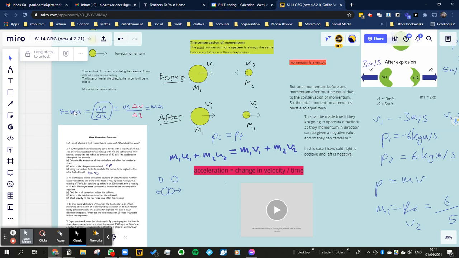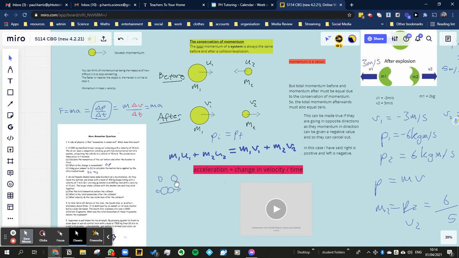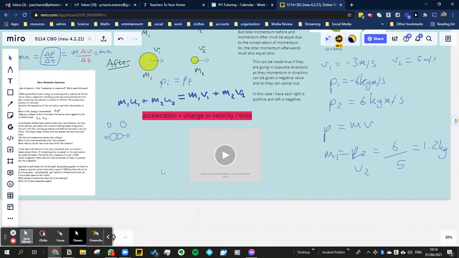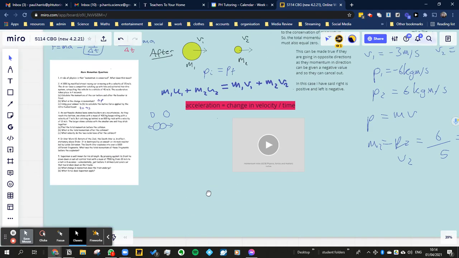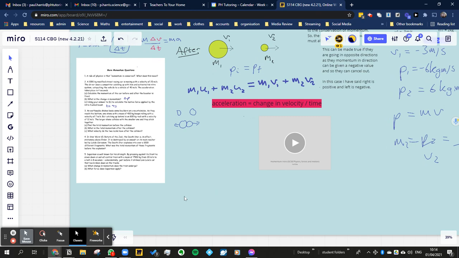Now let's come back to our way of doing it before. We're using this version of the formula. I'm just going to expand this frame a little bit. I'm going to introduce this idea of impulse. So what is impulse?